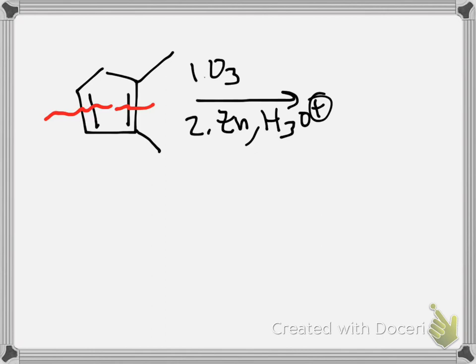will look like, if I draw the top piece, here are the 4 carbons from the top piece. This carbon was once part of a carbon-carbon double bond, so it gets a double bond O. And this carbon was once part of a carbon-carbon double bond, so it gets a double bond O. The bottom, there are the 3 carbons from the bottom piece.